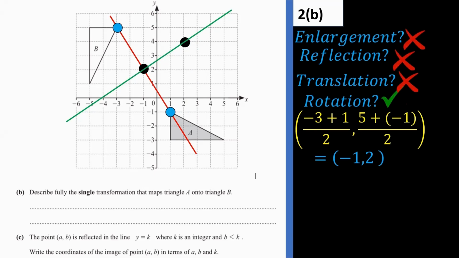Now I need a second line. So I will connect another pair of corresponding vertices from the object to the image, and use a line to connect them. I'm going to do the same thing again.